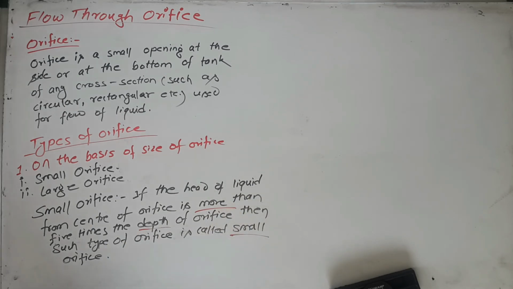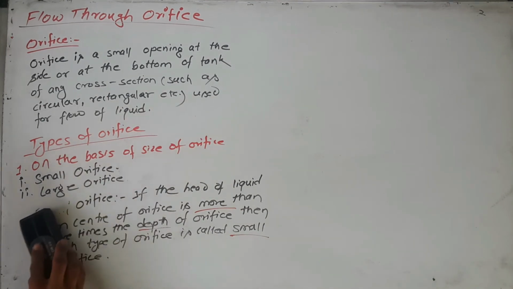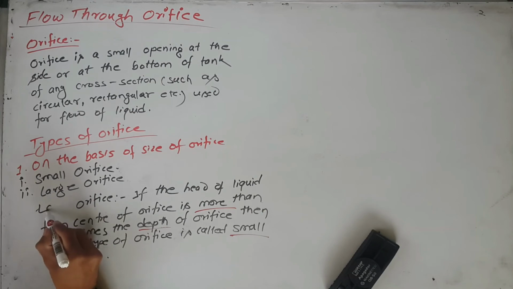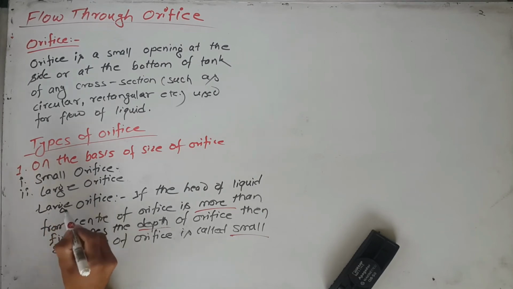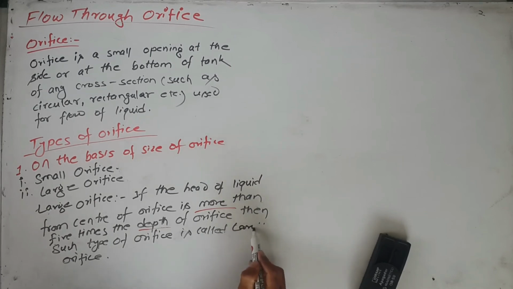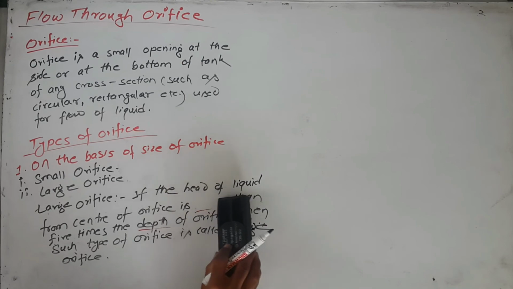This is the definition of small orifice, and now we write the definition of large orifice. Here in place of small we write large, and we have to make changes. This is less than.